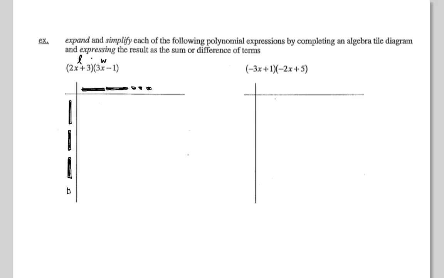All right. So as we go through this expansion, when you do the FOIL, you have 2x times 3x. If you were just to do that, what would you end up with? 6x squared. Do you agree? Okay. So now watch my pointer.